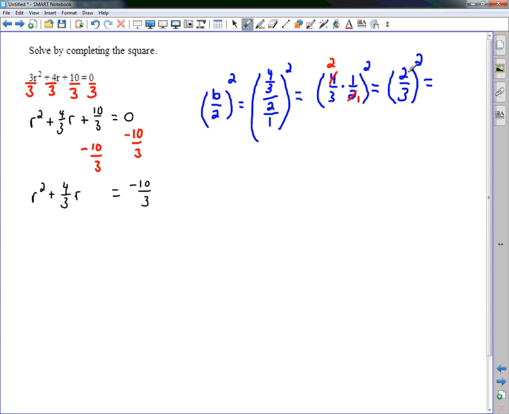Well, this gives me 2 squared, which is 4, 3 squared, which is 9. This is going to be a key value for us. So let's make a little star so we can come back to that. Once you've done b divided by 2, you want to keep that value, especially when you're working with fractions. So 4/9 is the number I'm going to add to both sides.